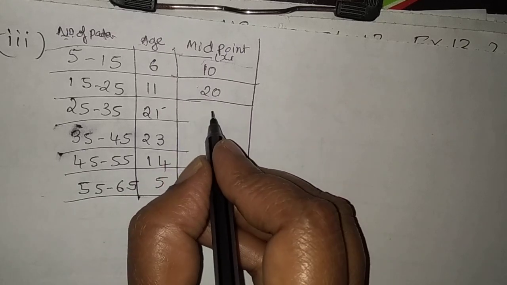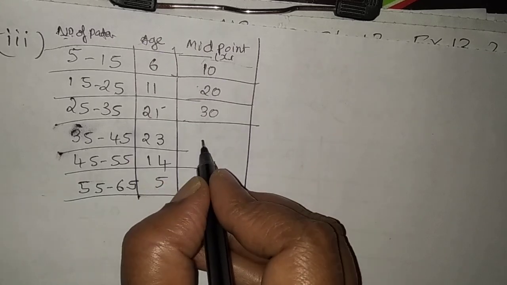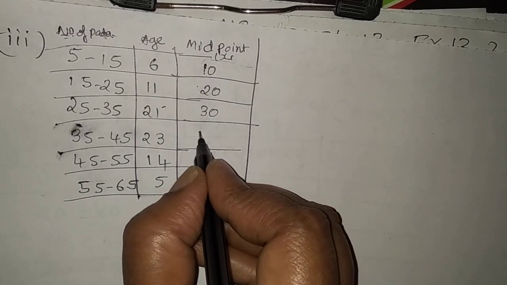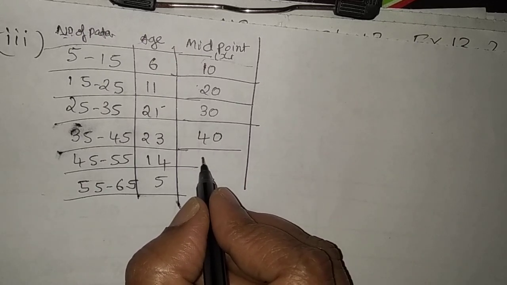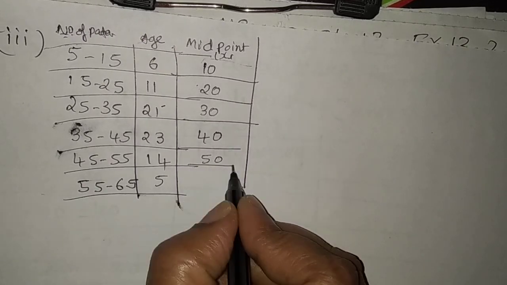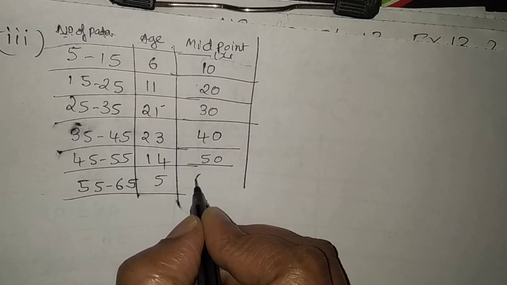Again same things, 25 to 35, 30. 35 to 45 is 40. Then 45 to 55 is 50. Then 55 to 65 is 60.